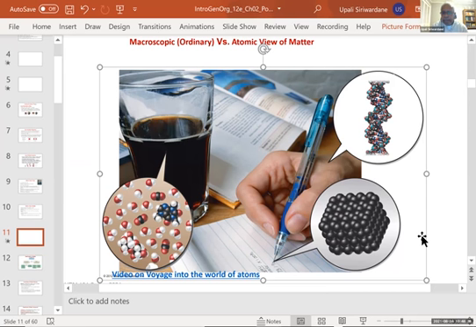The hand of a person writing with the pencil is composed of proteins. Proteins are made of amino acids, so they are complex structures. This is a giant molecule of proteins. So everything is made out of atoms and molecules, and we're going to use that throughout chemistry.